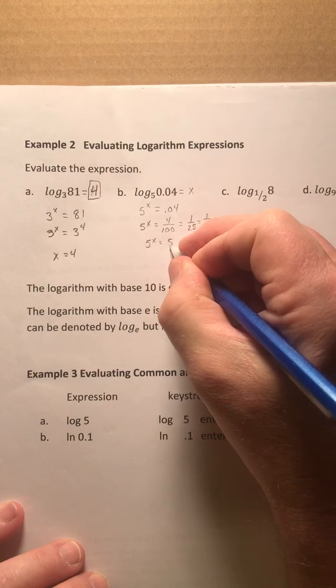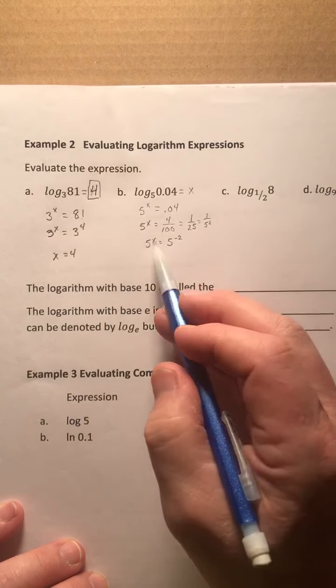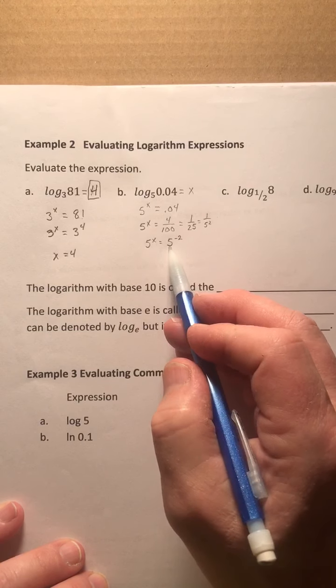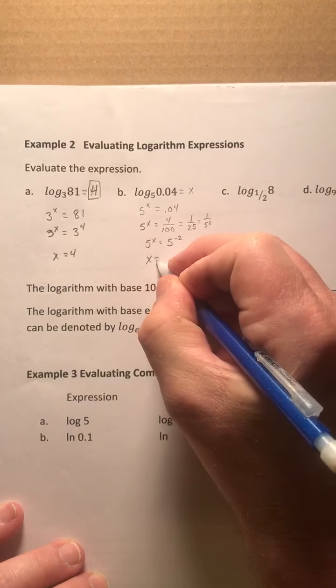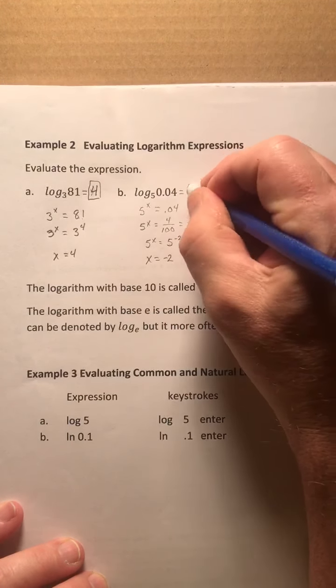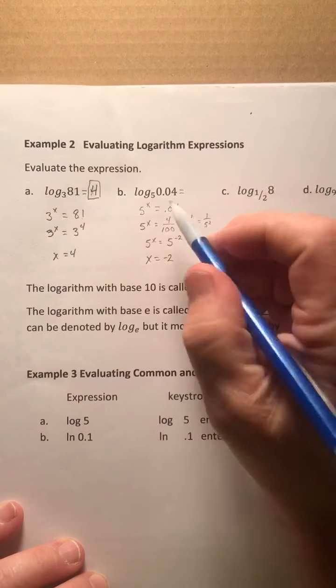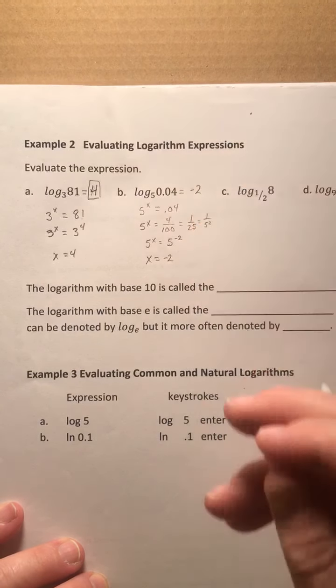So I would make this 5 to the negative 2. All right, now our bases are the same. Since the bases are the same, just set the exponents equal to each other, and we get x equals negative 2. So the log base 5 of 0.04 is equal to negative 2.